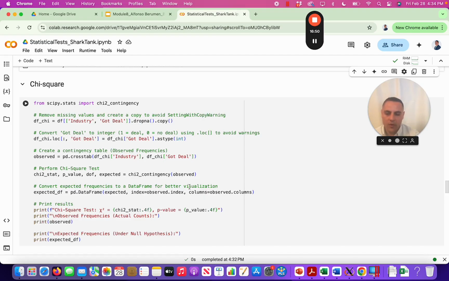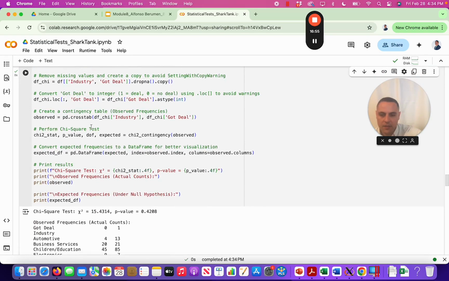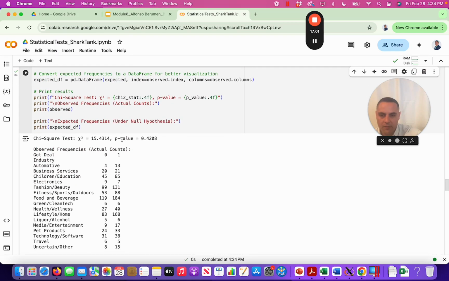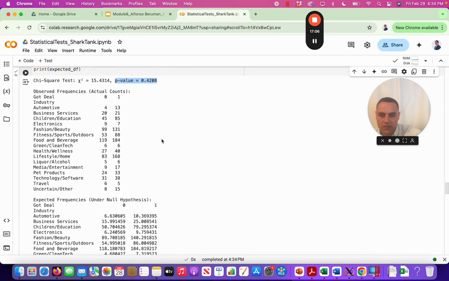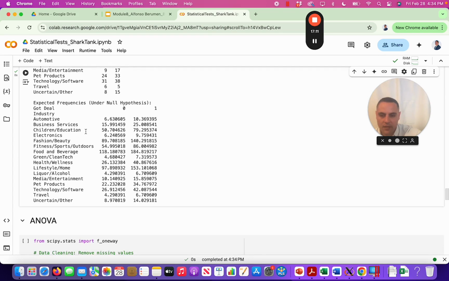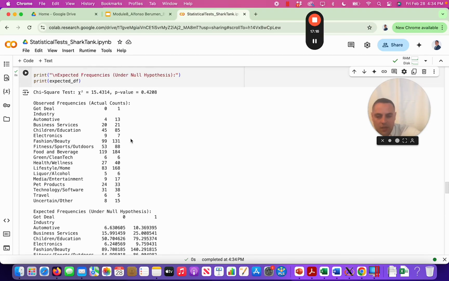And we'll be able to do that pretty easily. So let's look at this. In fact, our p-value is not less than 0.05, and we can see the actual counts and expected counts as well. Basically what we are looking for is, are there large differences between what we'd expect to see and what we observed?